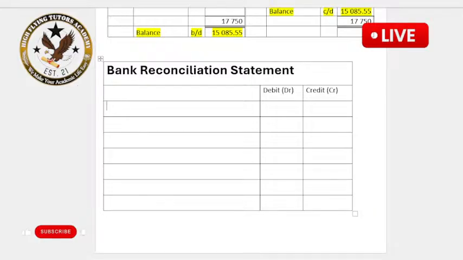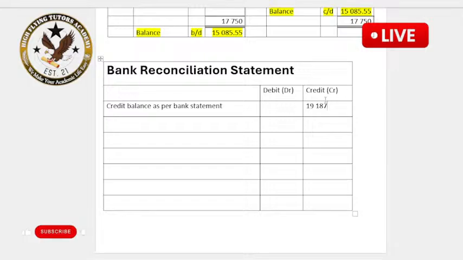Remember, credit side of the bank reconciliation statement is the favorable side, so you're gonna say credit balance as per bank statement, or credit balance according to bank statement, of 19,187, right? That is the first thing we do.